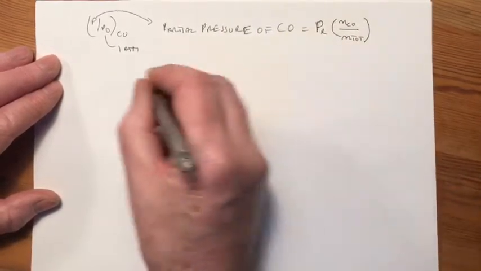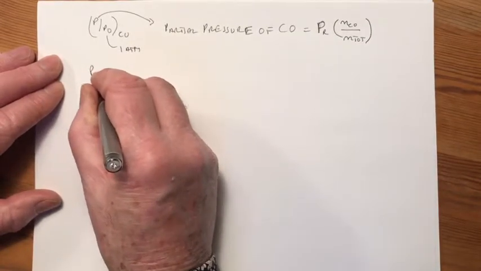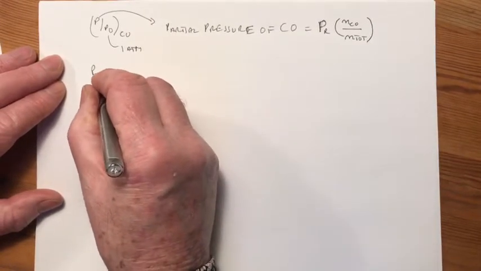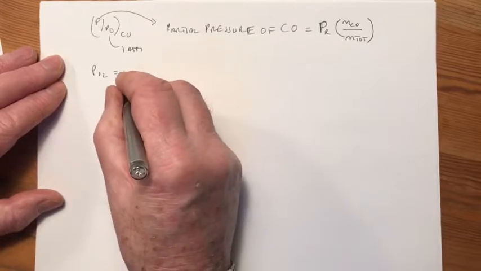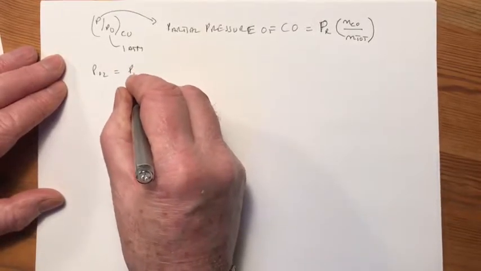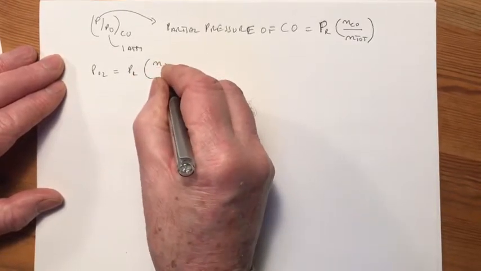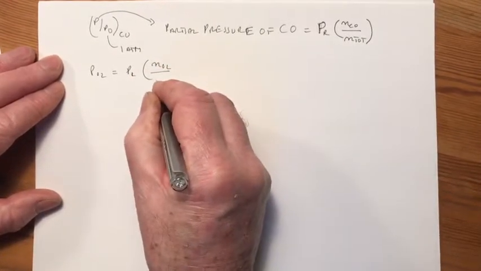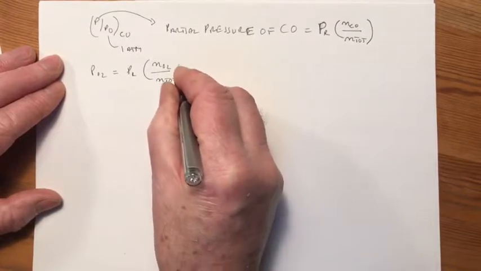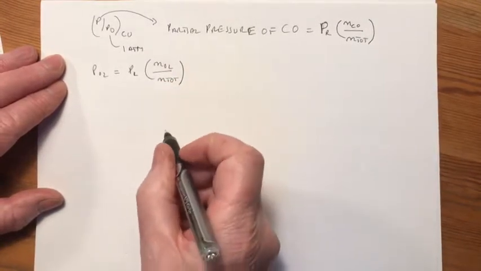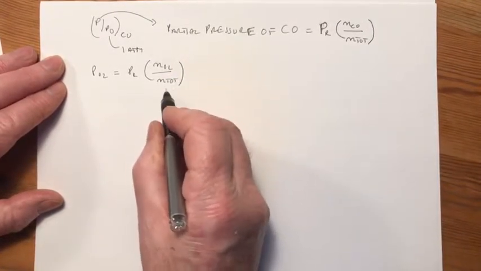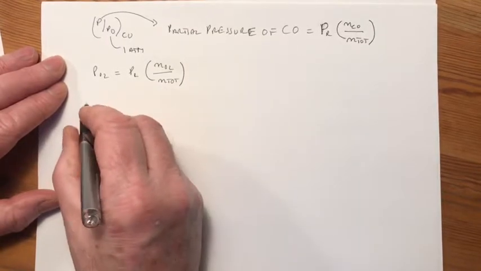Similarly, PO2 is equal to P reaction times the number of moles of O2 divided by the total number of moles given here. So we're going to need this total number of moles.